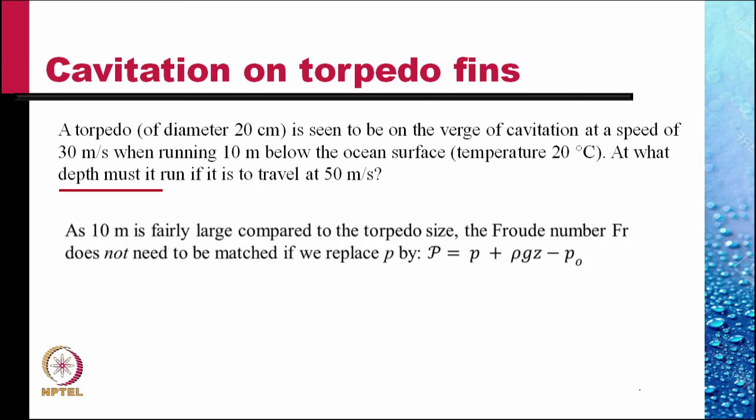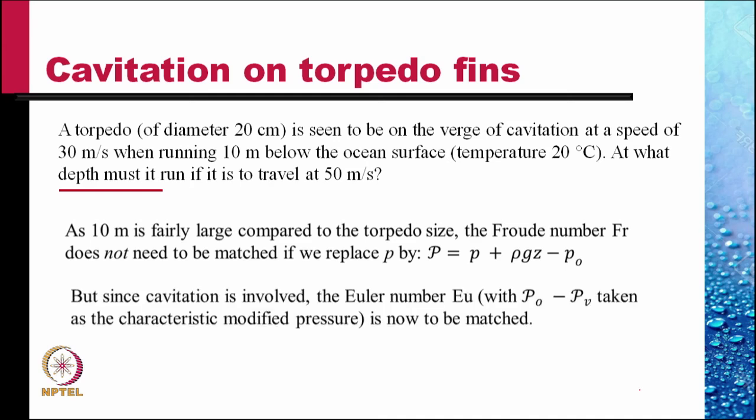As 10 meters is fairly large compared to the torpedo size, the Froude number does not need to be matched. And we replace P by script P is equal to P plus rho G z minus P naught, the non-gravitational pressure difference. But since cavitation is involved, the Euler number, with script P minus script P at the cavitation pressure taken as the characteristic modified pressure, is now to be matched.